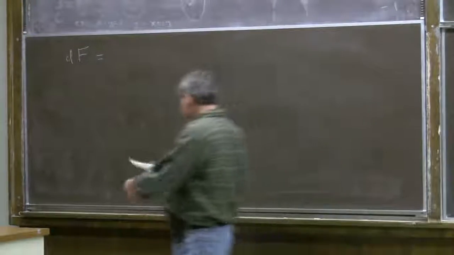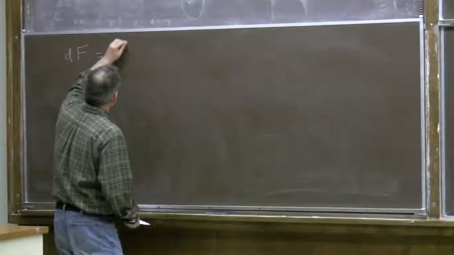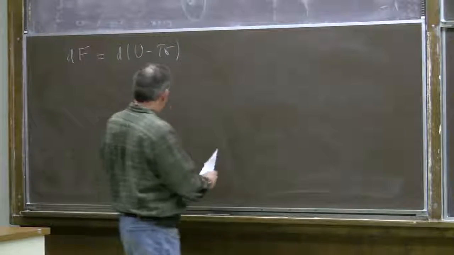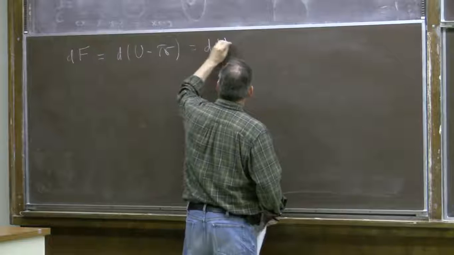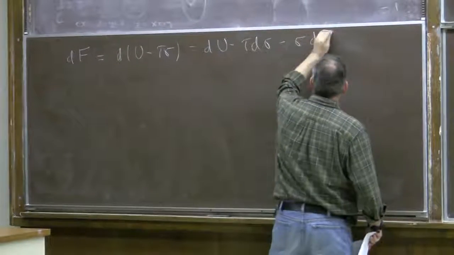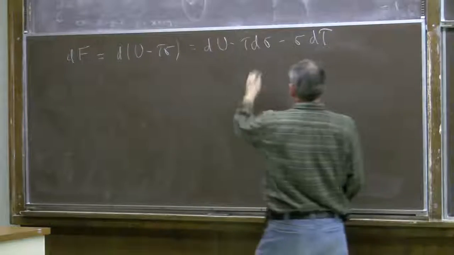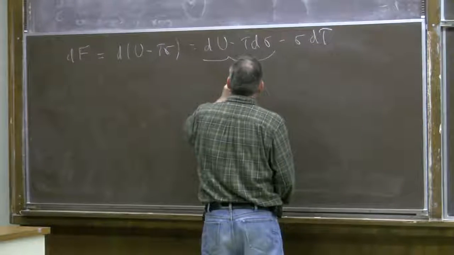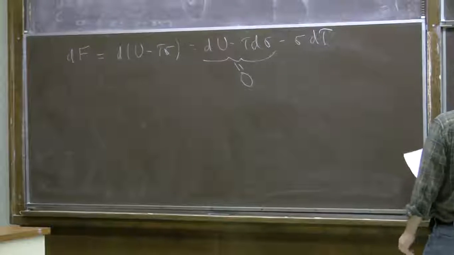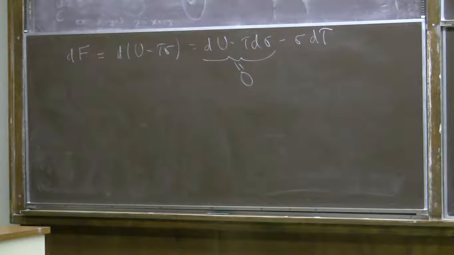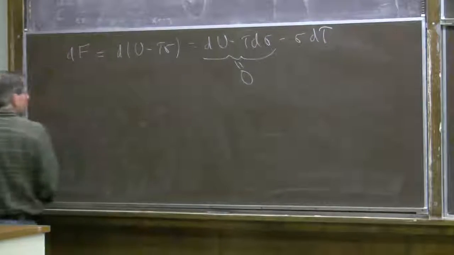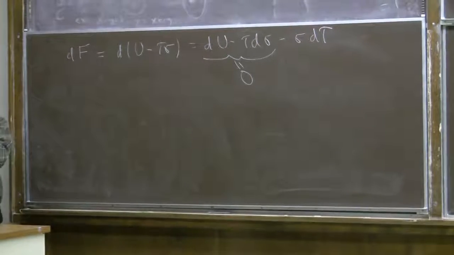So the first order change in F, or in U minus tau sigma, is dU minus tau d sigma minus sigma d tau. But that's equal to 0 to first order. So the change just comes from minus sigma d tau when we change the temperature. So there are other parameters that we're keeping fixed, like the volume and the number of particles.